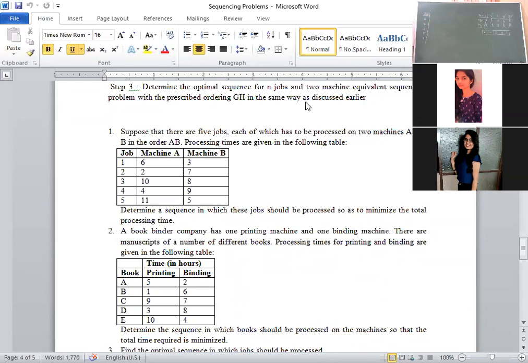Okay, then here we have to write machine A, time in, time out. That's why I told you to go through the theory and then come for tomorrow's lecture. On machine B, time in, time out.